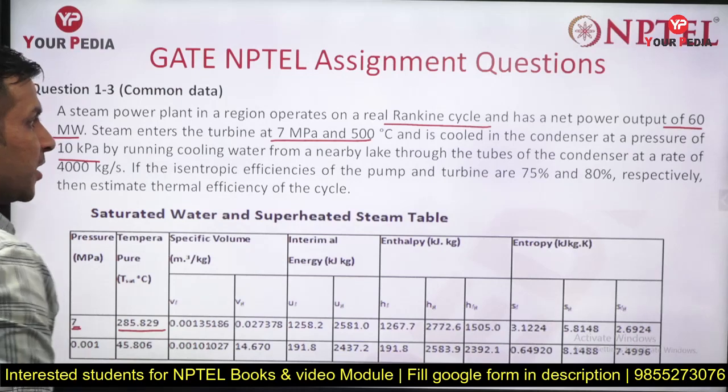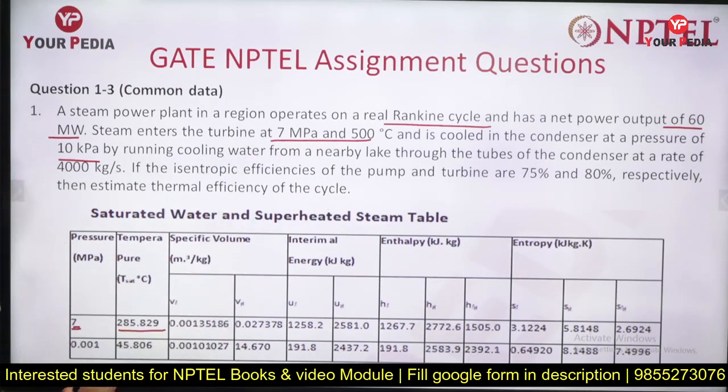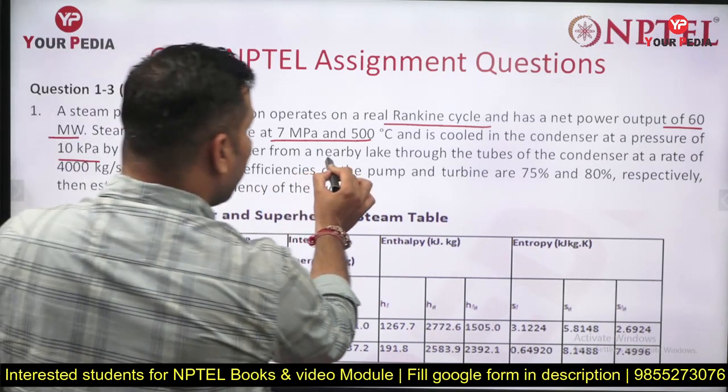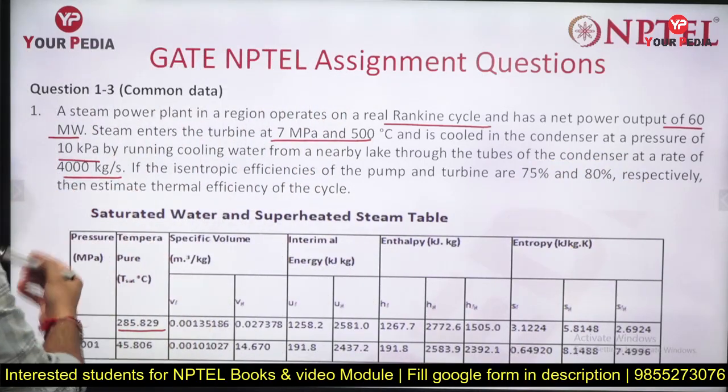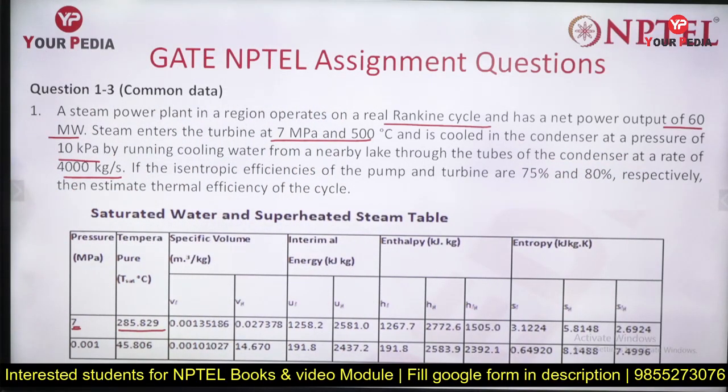So the boiler pressure is given, the steam entry temperature is given, and the condenser pressure is given. Heat is rejected in the condenser by running cooling water from a nearby lake through the condenser tubes at a rate of 4000 kg per second.